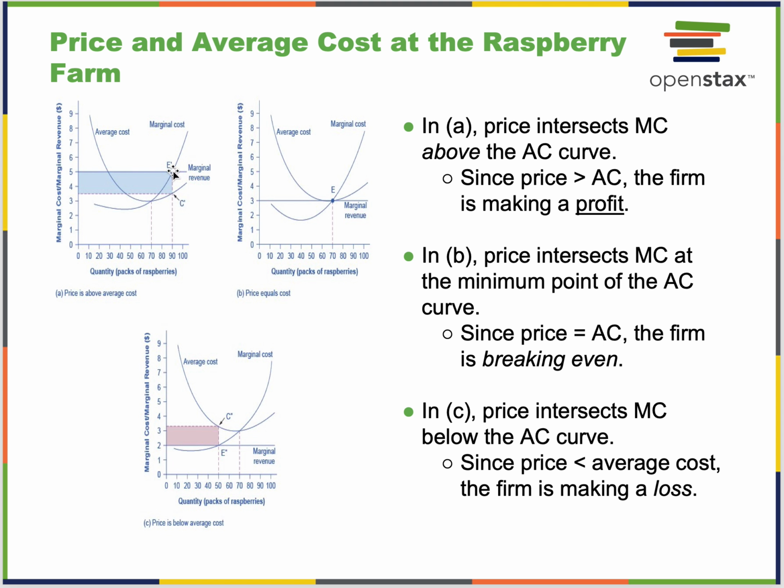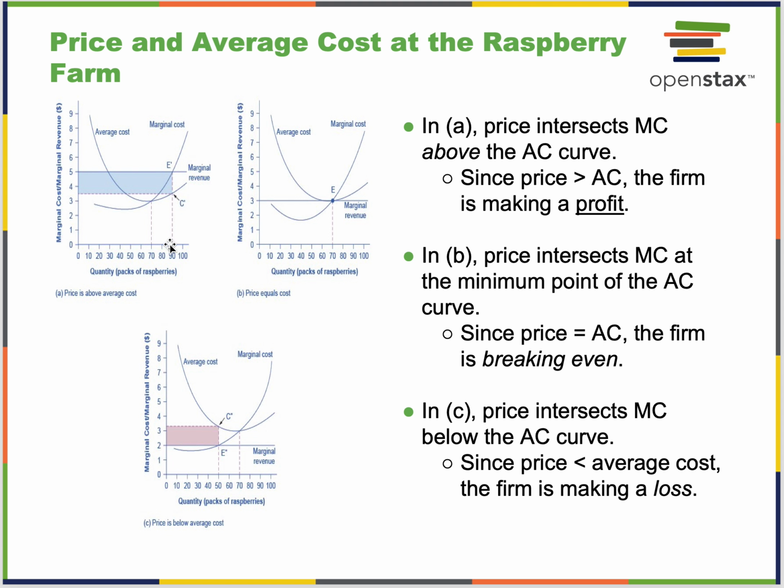Then we have a marginal revenue curve, which is actually the price. And we want to operate where marginal revenue equals marginal cost. So I want to produce 90 packs of raspberries here. If I take my price minus my average cost, that's the margin, much like we did in the first week.